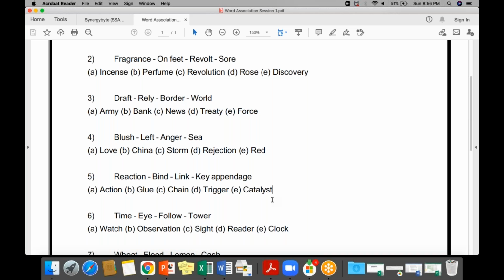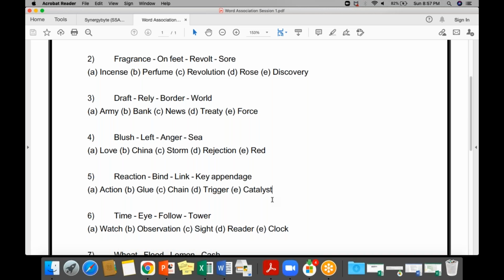What will be my correct answer here? Question number 5. How is chain related to key appendage?